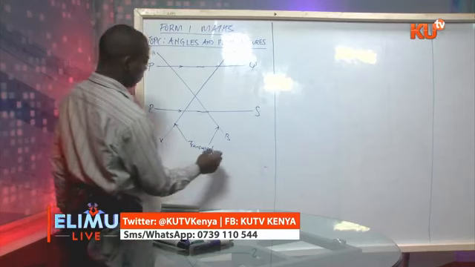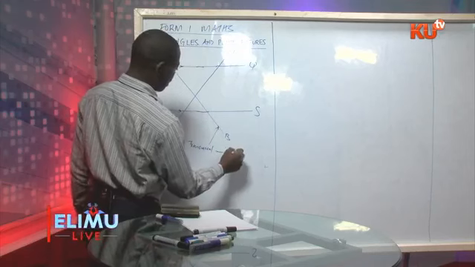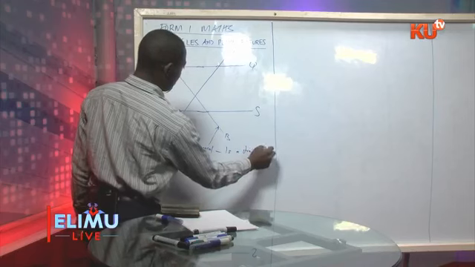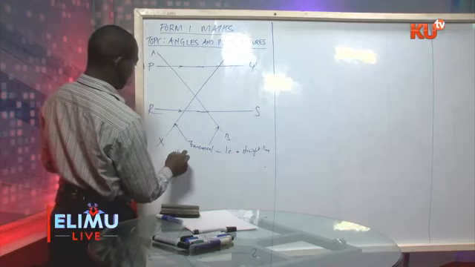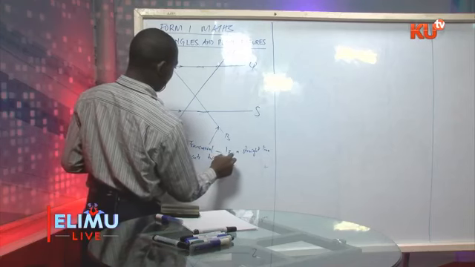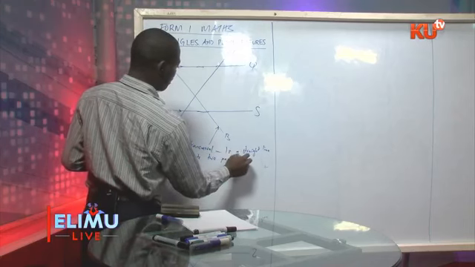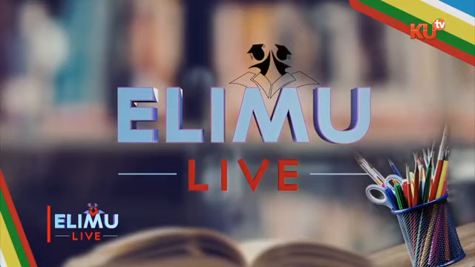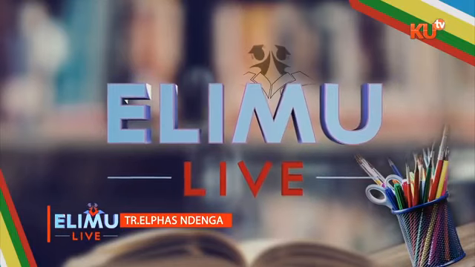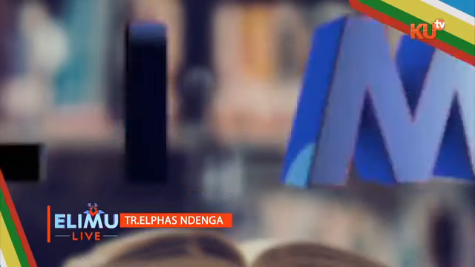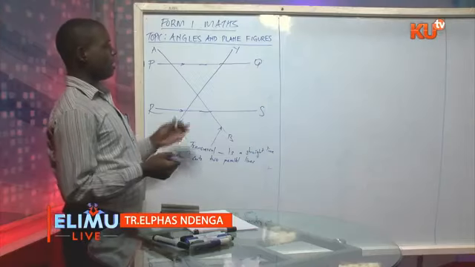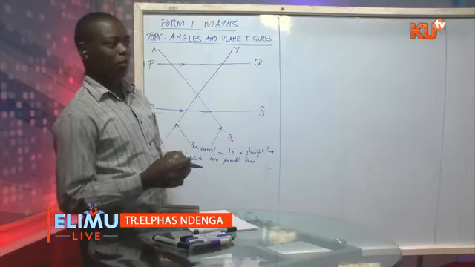When we talk of a transversal, this is simply a straight line that cuts two parallel lines. So when you have lines that cut across two parallel lines, we call those lines transversals. Angles on transversals are then determined in this kind of situation.